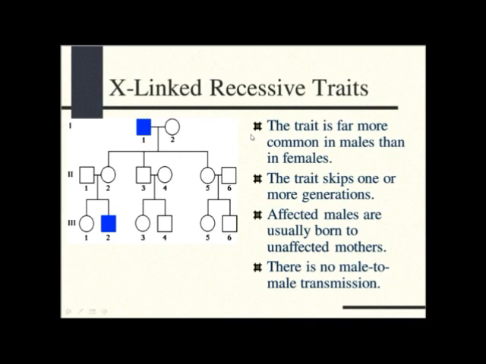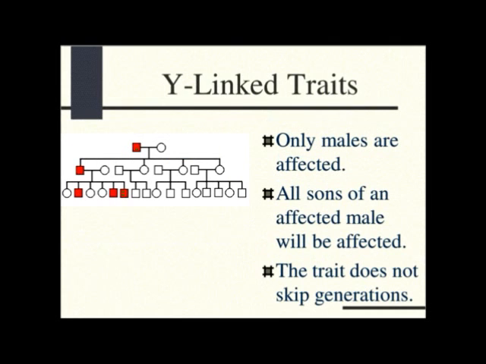X-linked recessive trait, like this is skipping a generation right here. It says the trait is far more common in males than in females. The trait skips one or more generations. Affected males are usually born to unaffected mothers. There is no male-to-male transmission. So really none of those fit our definition. And finally there's Y-linked, where only males are affected.